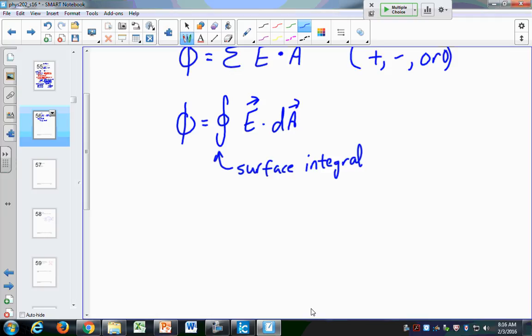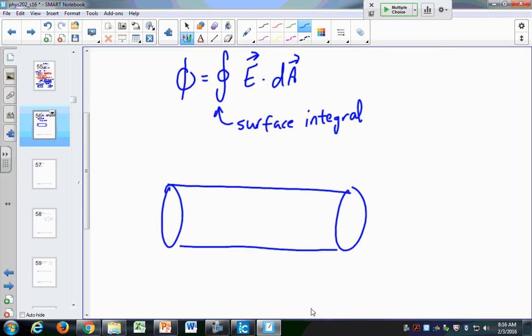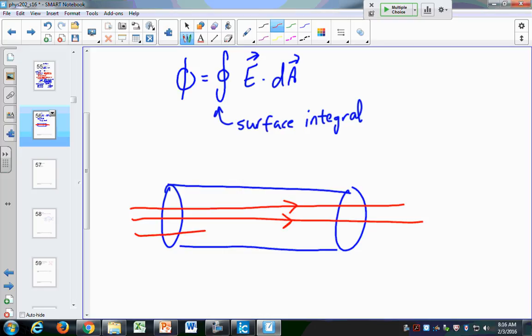So for example, let's say that I have a cylinder that looks like this. Let's say that there is an electric field that is traveling in this direction. It's a regular electric field.